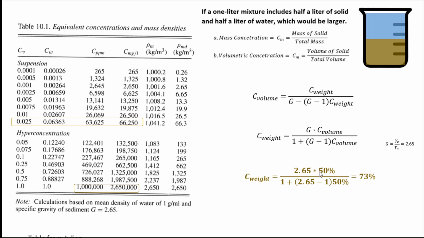You're going to have 50% of your material with a specific gravity of 2.65, and the balance of your material has a specific gravity of 1. So the concentration by weight, or the mass concentration, is going to be greater than the concentration by volume.